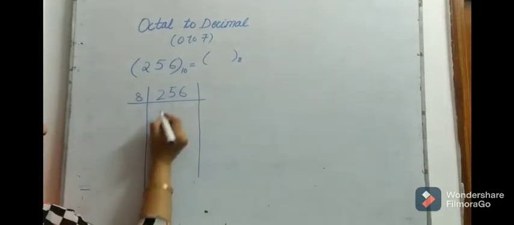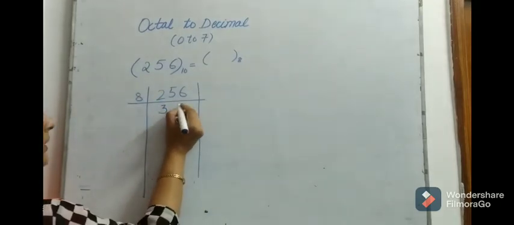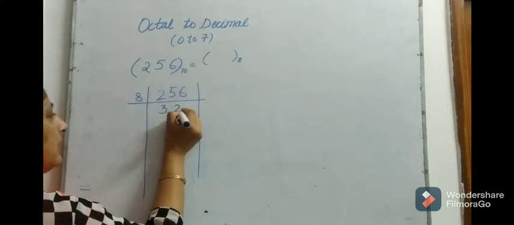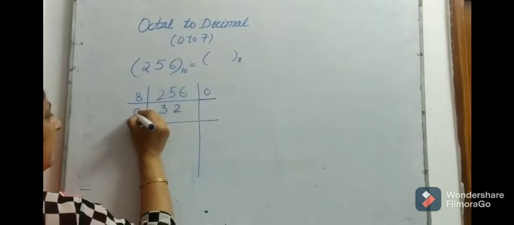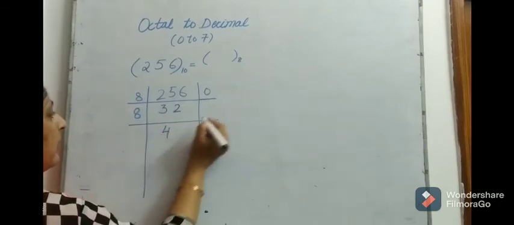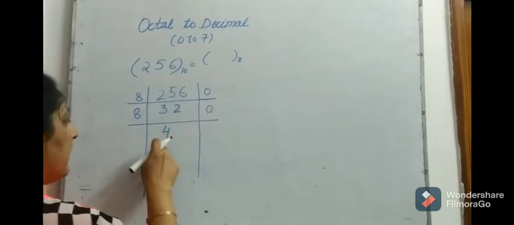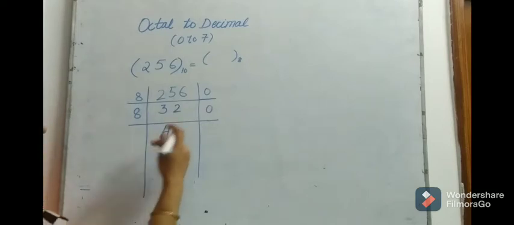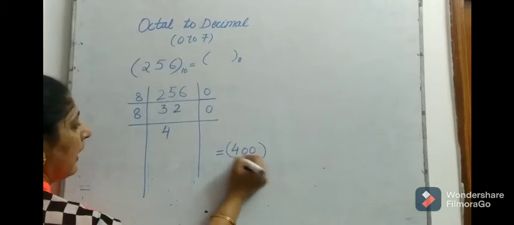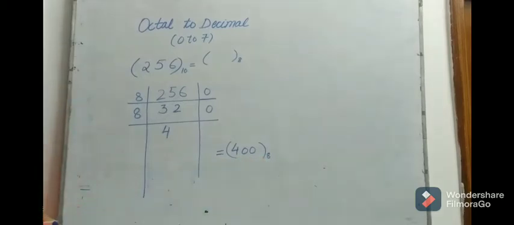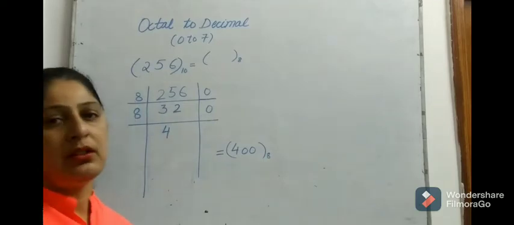So 8 thirty-twos are 256, remainder 0. Then 8 fours are 32, remainder 0. Now this number is less than 8, so we cannot divide further. Hence our conversion will be 400, and the base will be 8. Right? This is how we convert a decimal number to an octal number.